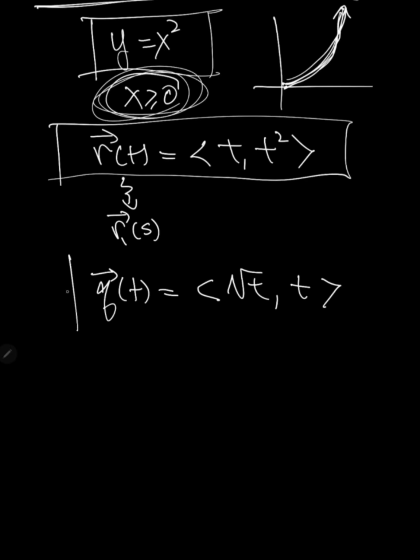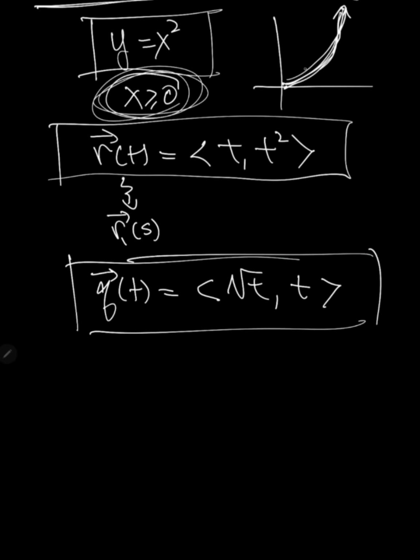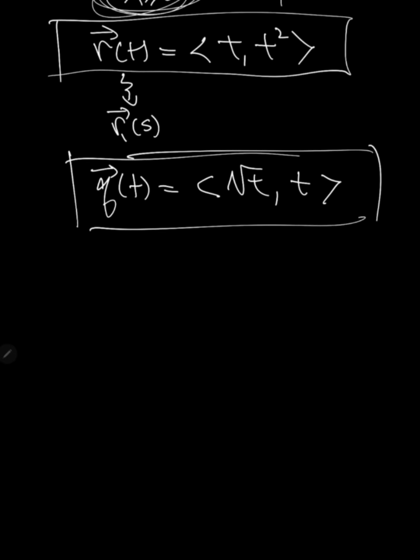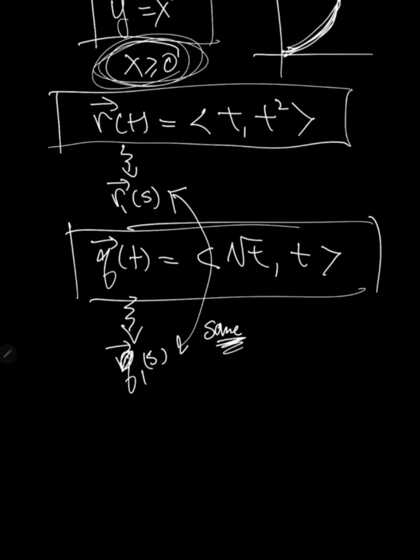It's a different parametrization. It's a different way of driving along the same road, right? However, if you go through the same procedure and calculate, sorry, I guess I would call it q1 of s, you would actually get the same parametrization. All right? Provided, of course, you had the correct lower limit of integration, to make sure that you're actually starting at the same point. Okay? So, for example, you're both starting at t equals 0. All right?